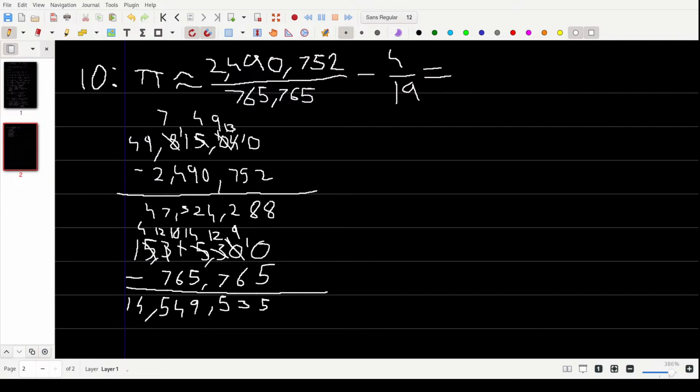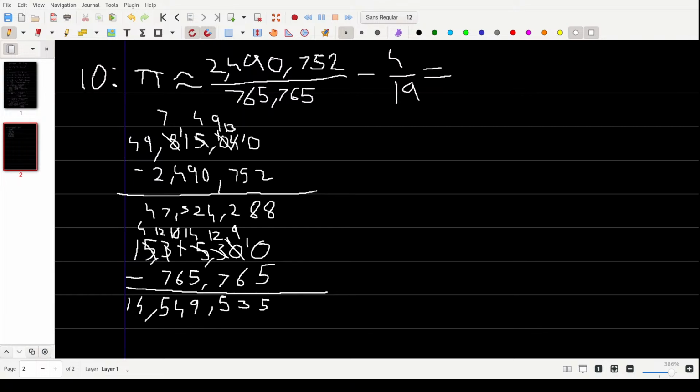So 2490 times, nope, need to do the 752, then times 19. Why is it so dark? Display day shouldn't be dark.